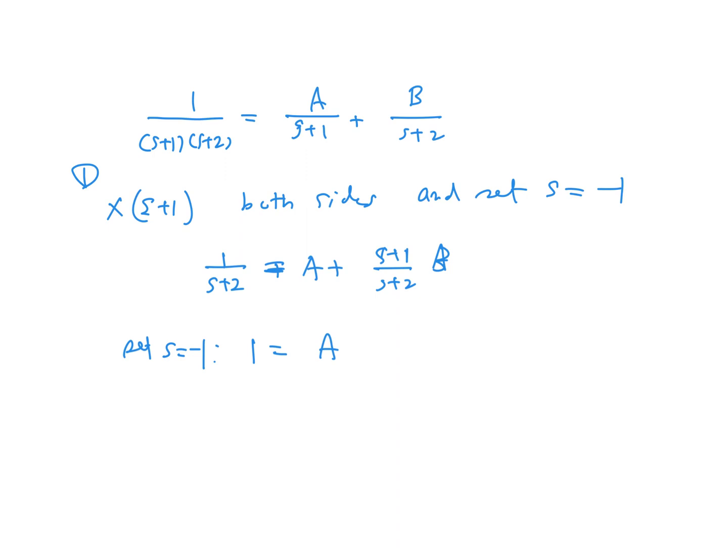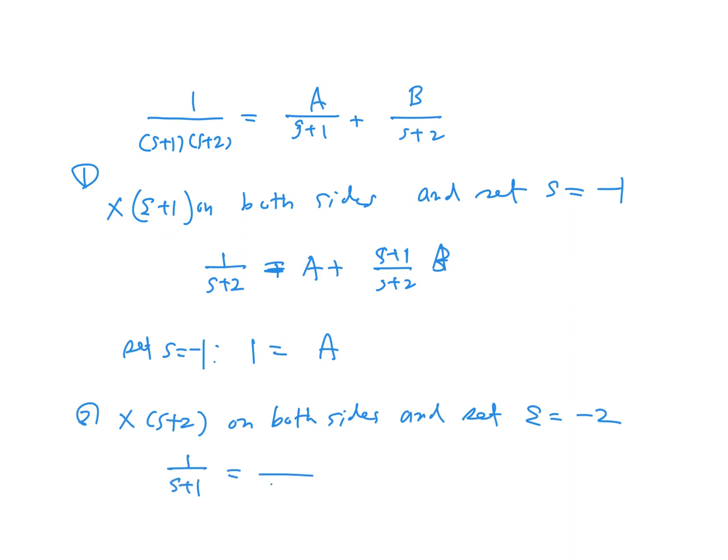And then you can do the same thing for B. This time multiply by s plus 2 on both sides, and set s equal to minus 2, right? So if we multiply s plus 2, we have s plus 1 equals s plus 1. We know A now, right? S plus 2, A was 1, plus B. So set s equal to minus 2, what happens? Minus 1 equals B, right?